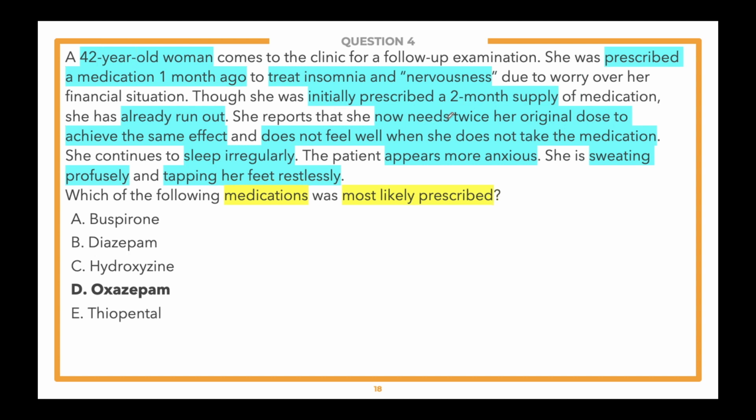And this is something that we see with benzodiazepines, okay? So hopefully you guys were picking up on that. This was a benzodiazepine that was prescribed, okay? Now, they can be good for treating anxiety, but you have to be careful about that potential for dependence and tolerance as well, okay? So we need to use them with caution. So let's take a look at the next slide.